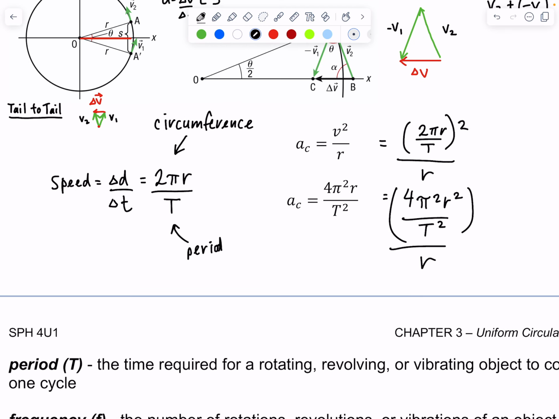And we can simplify, we have an r on the bottom and r squared on top. We are then left with acceleration equals 4 pi squared r over T squared.